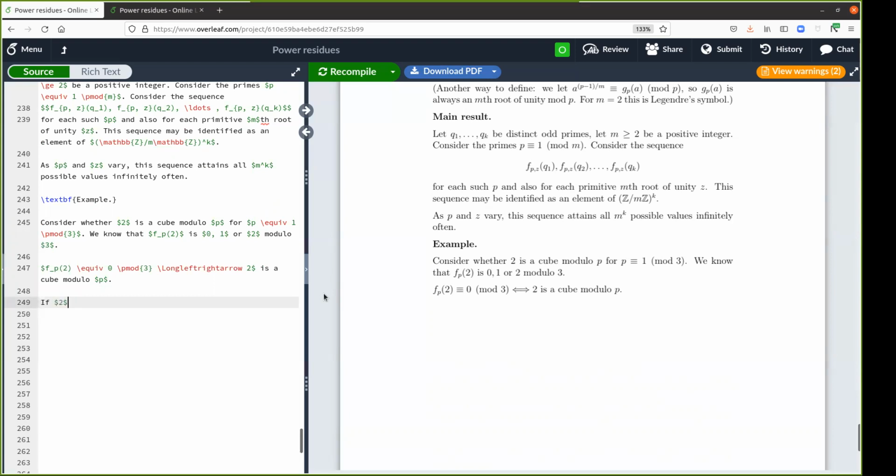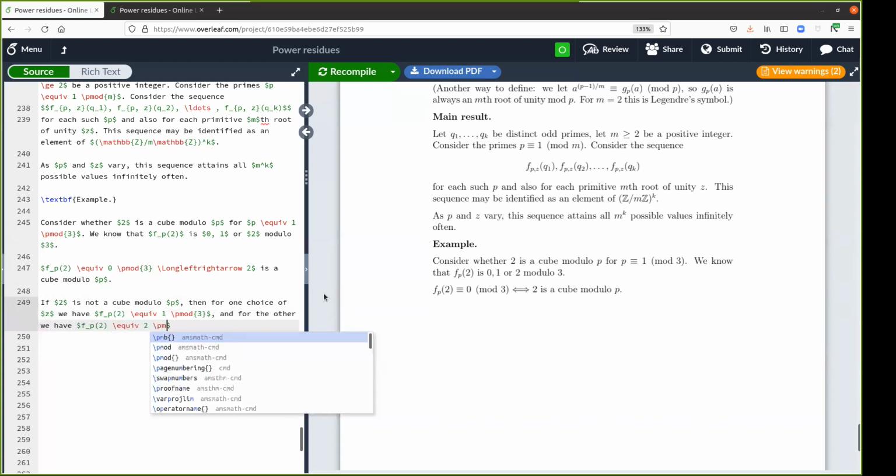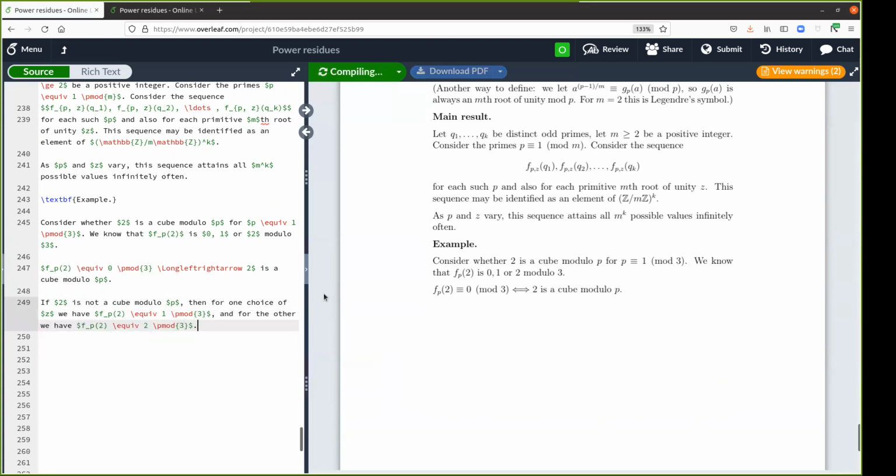And if 2 is not a cube modulo p, then for one choice of z we have f_p of 2 equal to 1, and for the other we have f_p of 2 being equal to 2 modulo 3.